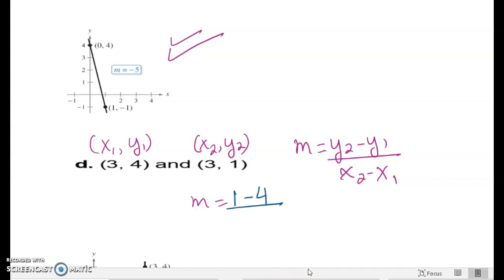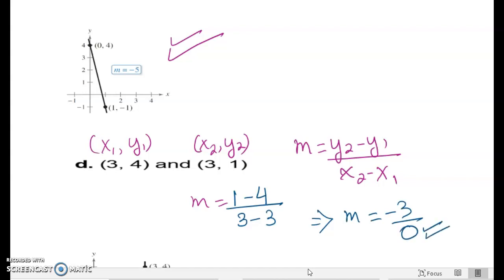Now x2 is 3, x1 is 3 again. I can see something happening in the denominator. Let's try to figure it out. m is equal to negative 3 over 0.